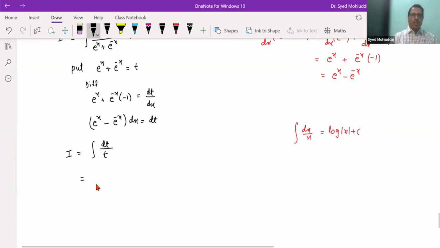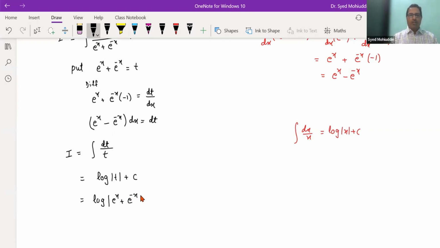So therefore, we'll be getting log of mod t plus the constant of integration c. But what is the value of t that we have taken? It is e power of x plus e power of minus of x, plus the constant of integration. That will be the required solution.